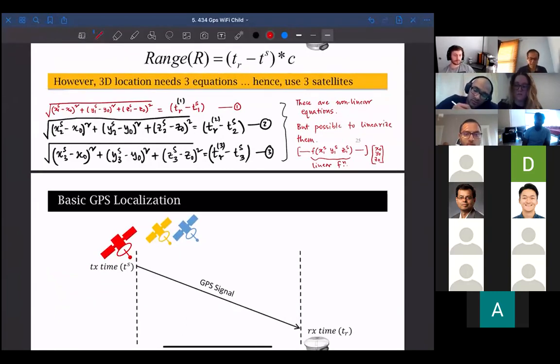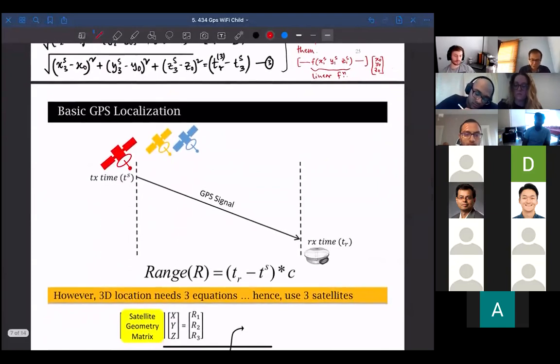So then once you linearize this equation, what do you have? You have now the ax equals b form, which is the following. So this is the linearized.